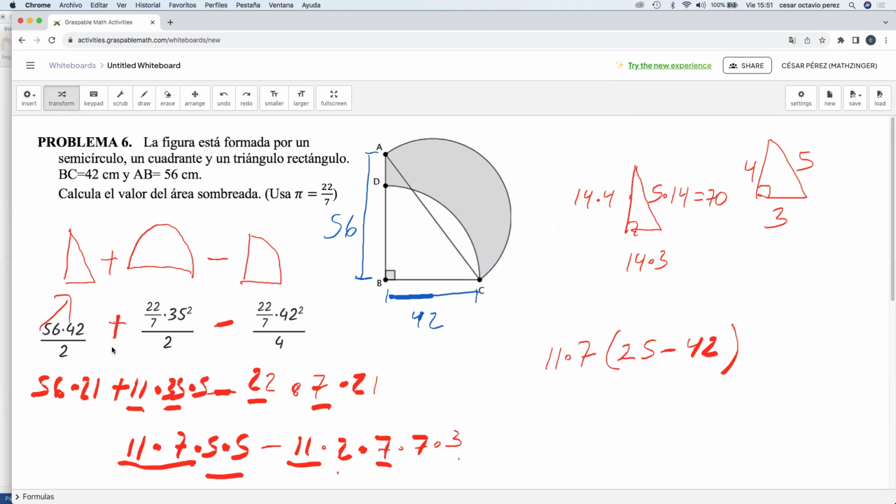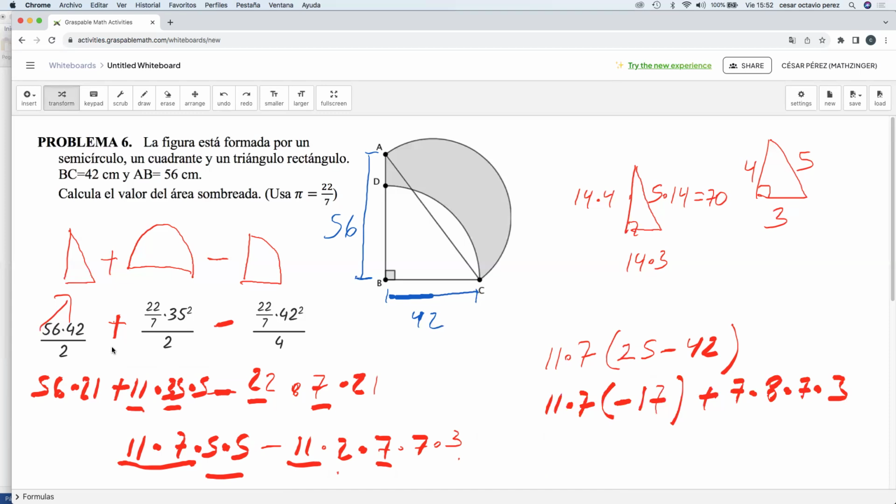This will be 11 times 7 minus 17, I think, plus 7 times 8 times 7 times 3.